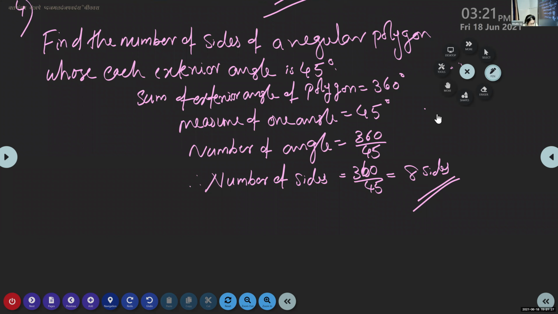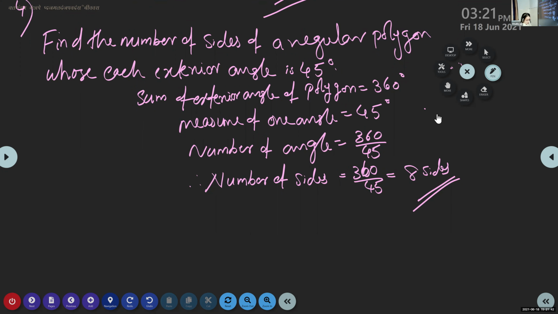Find the measure of each exterior angle of a regular polygon of side 9.